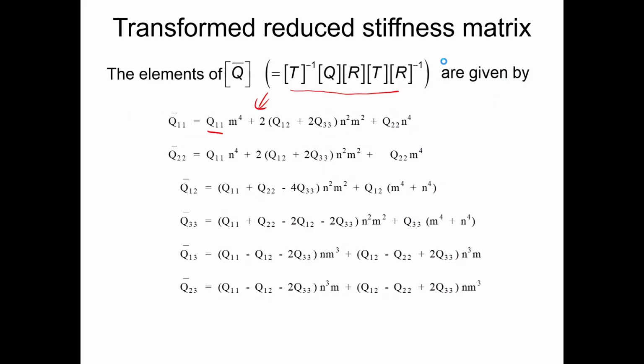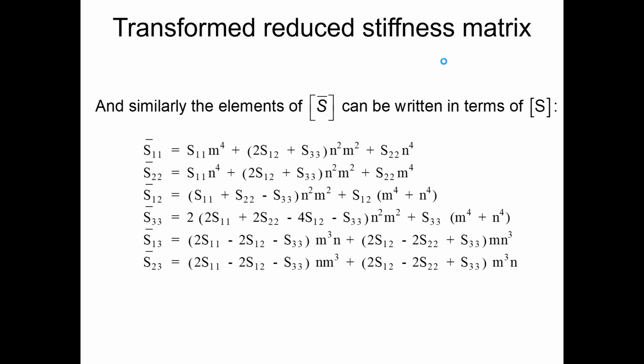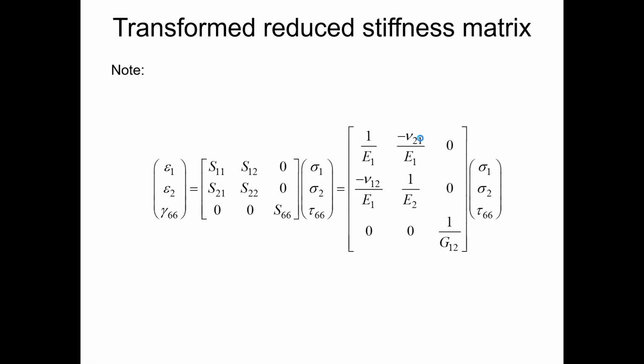Similarly, the reduced compliance matrix can be written in terms of S. If we substitute these into the matrix, you will get something like this, which is the compliance matrix.